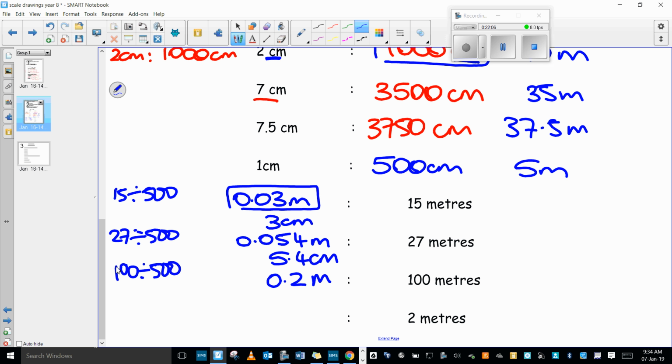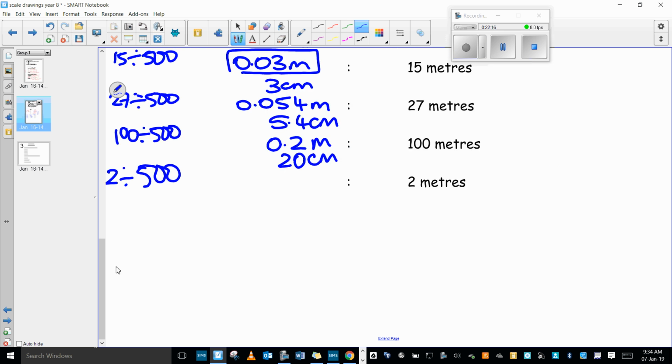Good. And then 2 meters. 2 divided by 500. What's 2 divided by 500? It has this weird thing, 4 times 10 to the something. That's put in standard form.